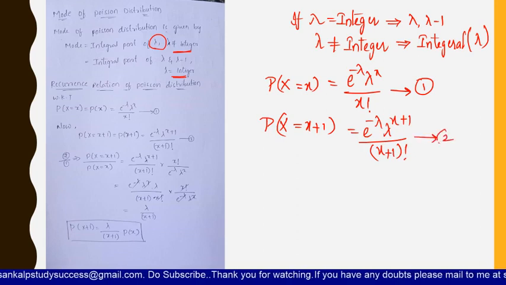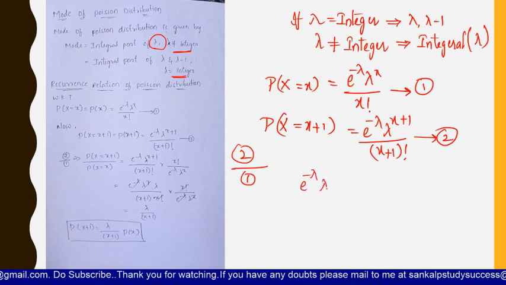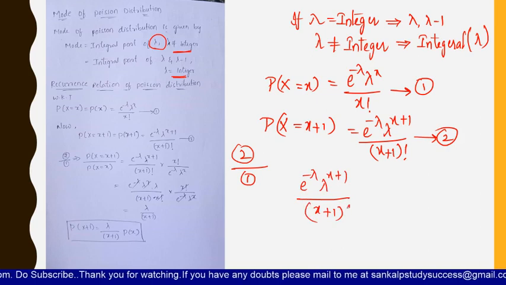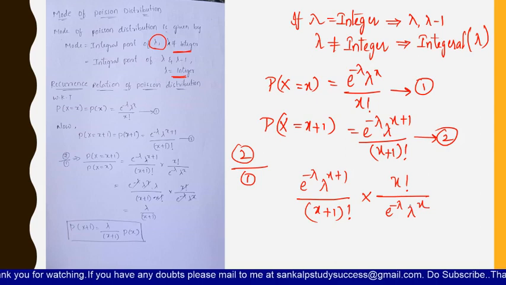So this will become equation 2. Now you have to divide equation 2 by equation 1 in order to get the recurrence relation. If you divide by equation 1, it becomes the reciprocal when you multiply, right? So x factorial into e power minus lambda into lambda power x.